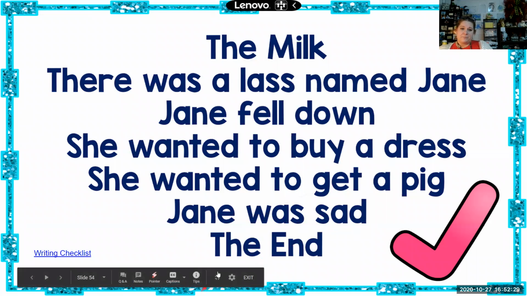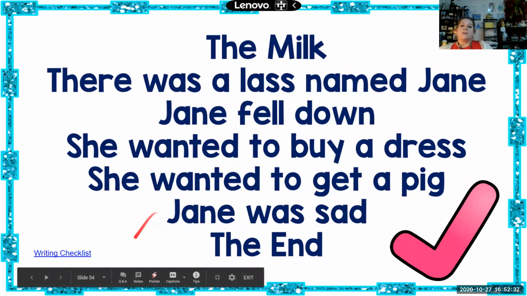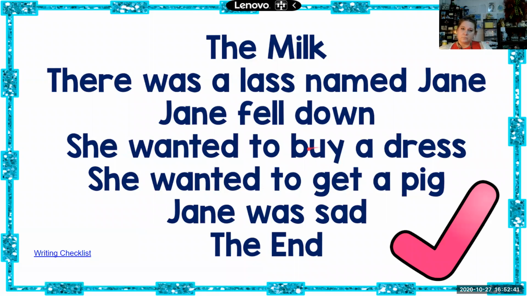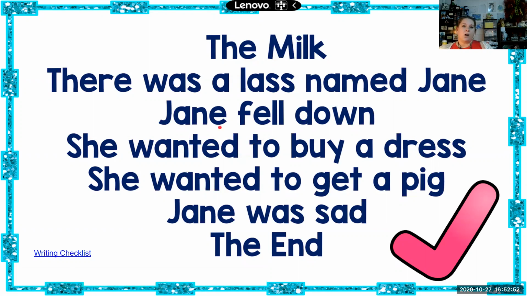Jane was sad. The end. So even though this is the edited version of the story, I still see something that is wrong. Do you guys notice something that is still wrong? There's no punctuation at the end of the sentences. So even though we've edited once, you can always go back and edit a second or third time.